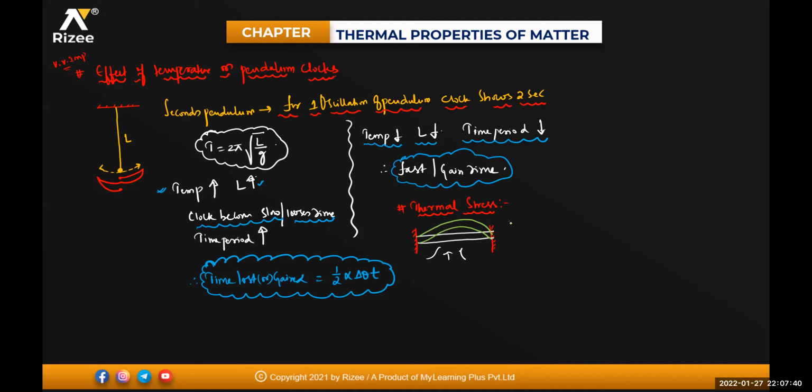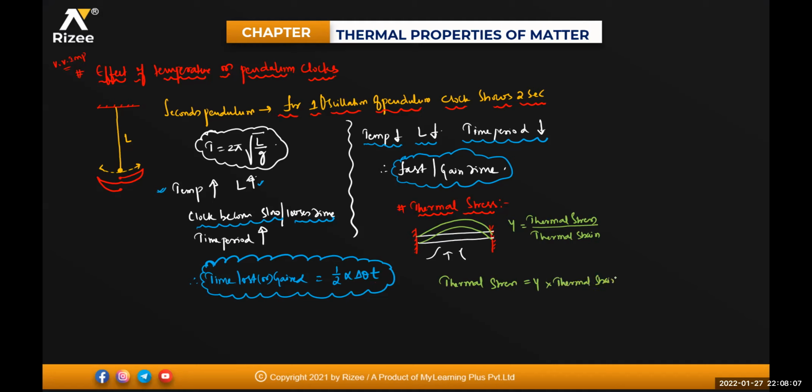We know one formula, beta. Y is equal to thermal stress divided by thermal strain. We have done this in elasticity. That means thermal stress will be equal to Y into thermal strain.